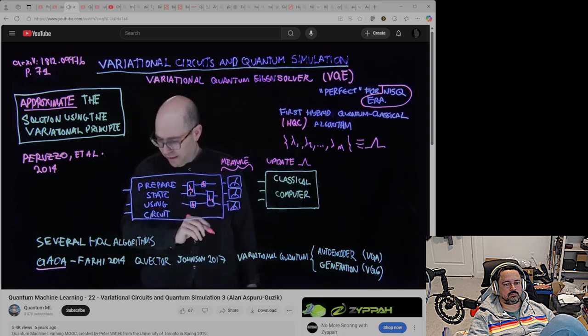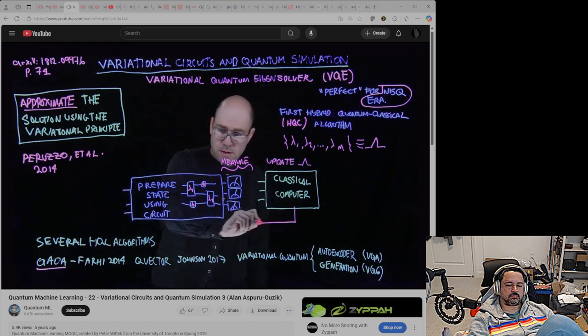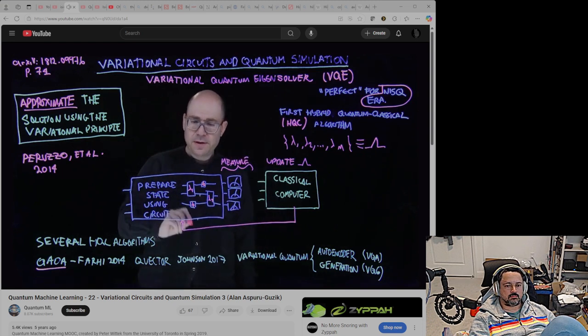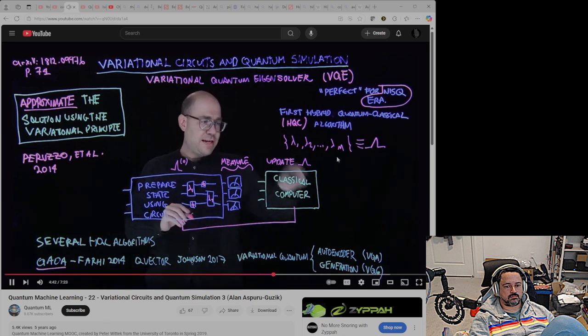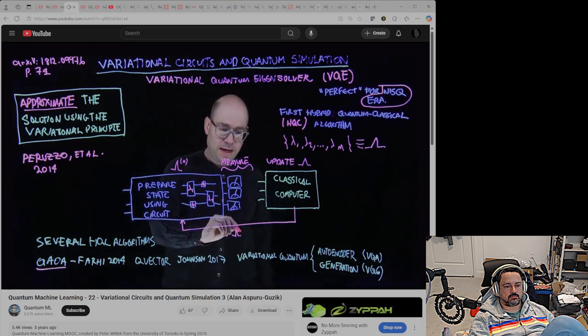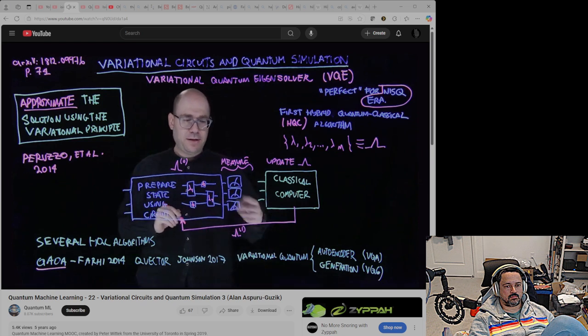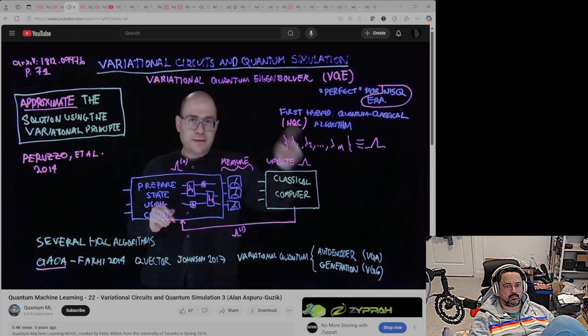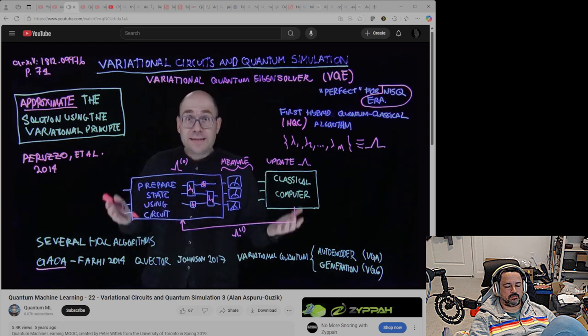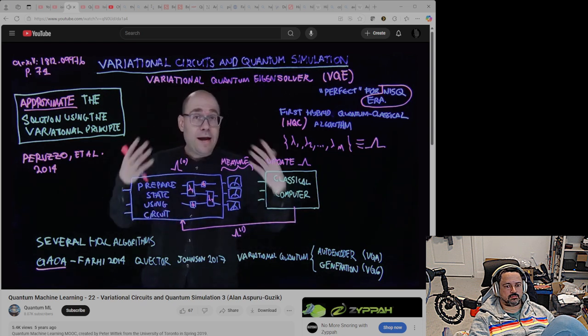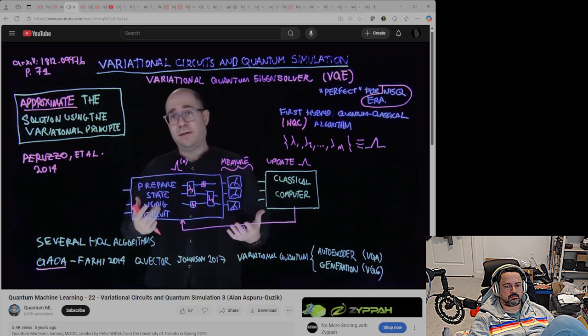And once you update the parameters, you fit them back in, right? So if you started with, say, lambda 0, the first iteration, this loop is going to go around and give you lambda 1, which is going to be a better iteration. And then after that, lambda 2 and lambda 3 and lambda 4. And you continue optimizing. Not dissimilar, of course, to the way neural networks are trained and other machine learning tasks.